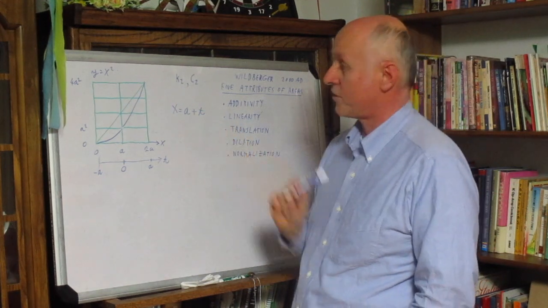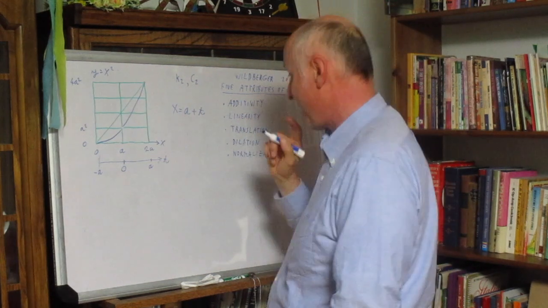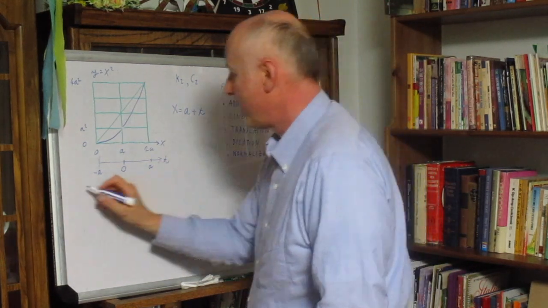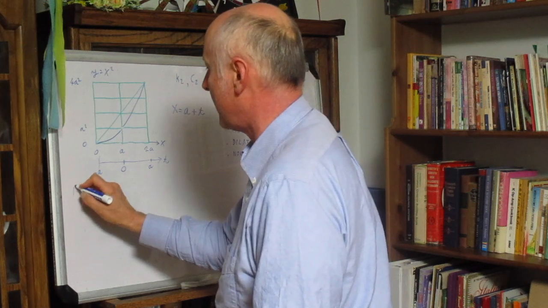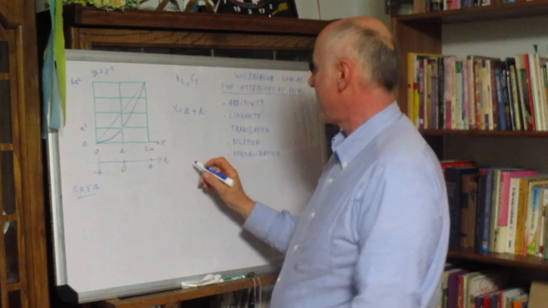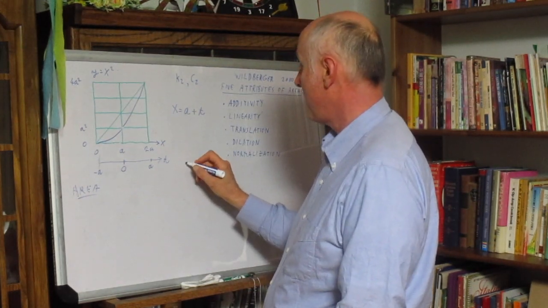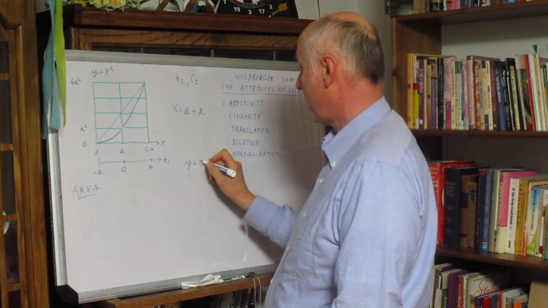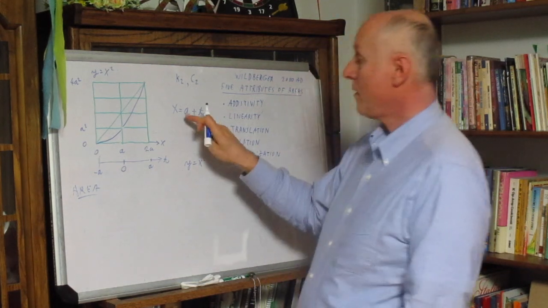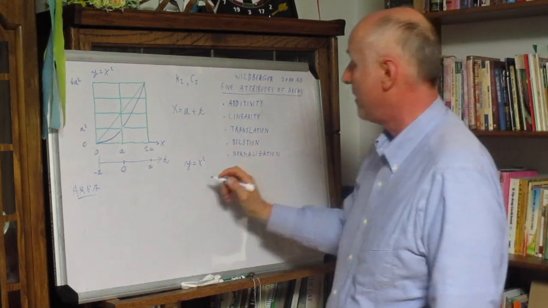translation equation and y equals x squared, well, this would be area. So we said that y equals x squared. But here x is equal to a plus t.